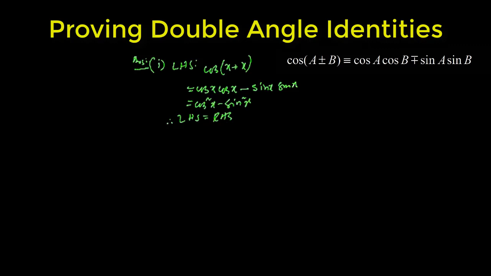Now in doing number 2, cos square x is identical to 1 minus sine square x. These two are more common. The first one is not that common.